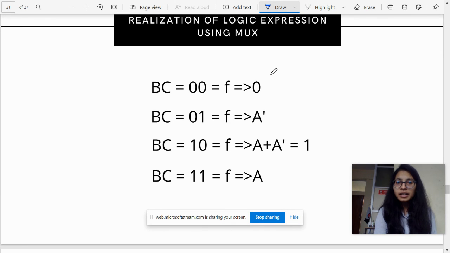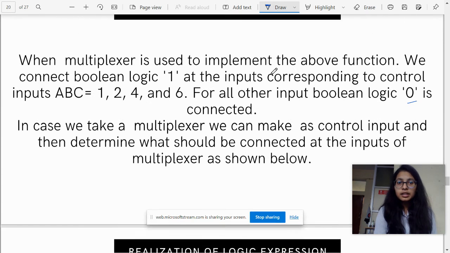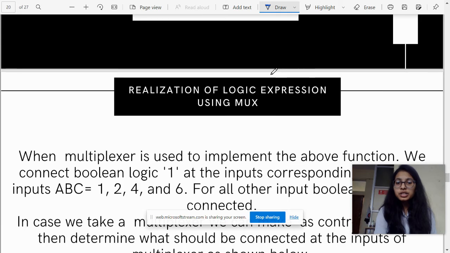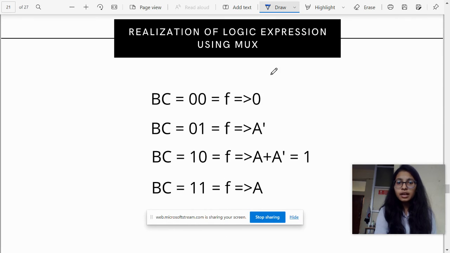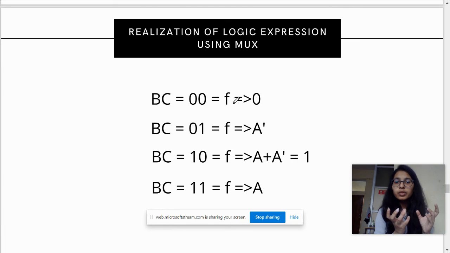Now, from the expression we have over here, we can find out BC. For that BC, we'll have three inputs. We'll take two inputs as control, and the third input we'll take so that we can get an output.